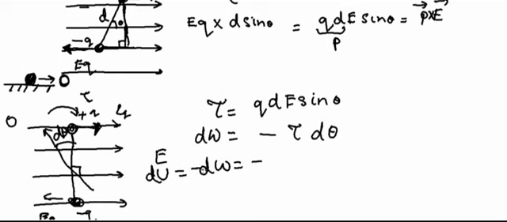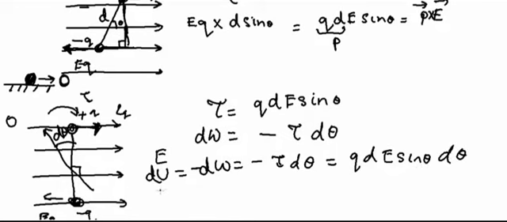This is the standard physics formula: work done is getting stored as internal energy. dU is equal to minus dW, which will be equal to tau d theta, and tau I can replace by q d E sin theta, so sin theta d theta.